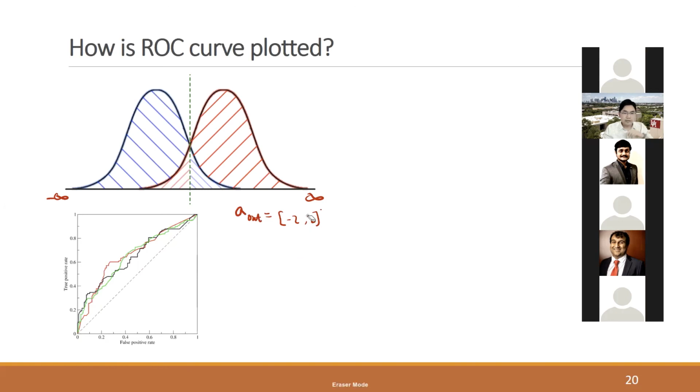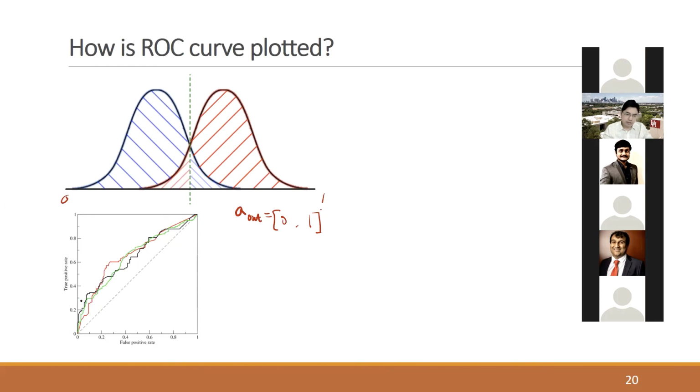Hold on. If it's an activated value, it should be bounded between 0 and 1. My bad. And typically we use a threshold of 0.5 in the logistic regression case to make classifications.